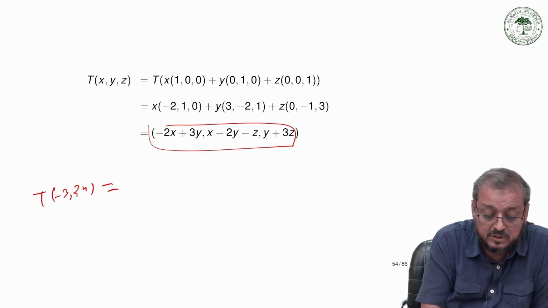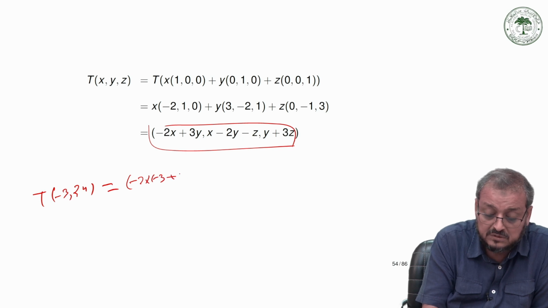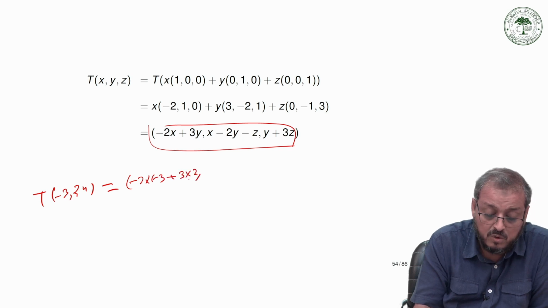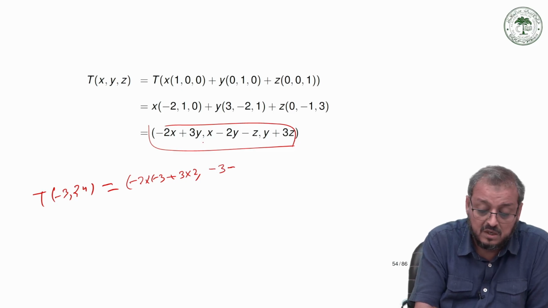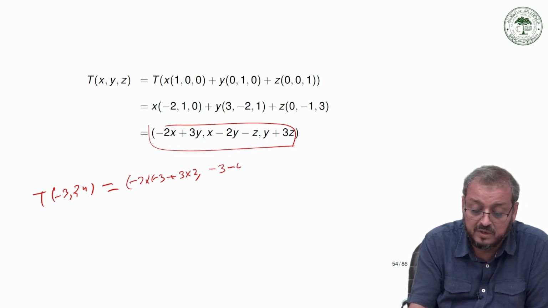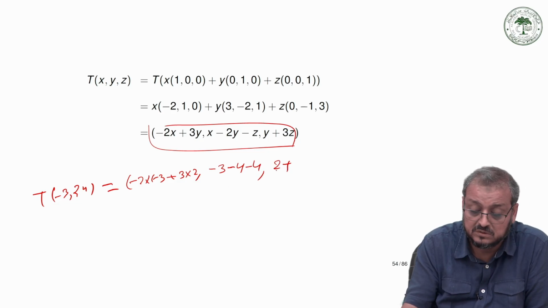So T of minus 3, 2, 4 means we have to write it in the form of x equals minus 2 into minus 3 plus 3 into 2, and then y equals 2 plus 4, 3 into 4.